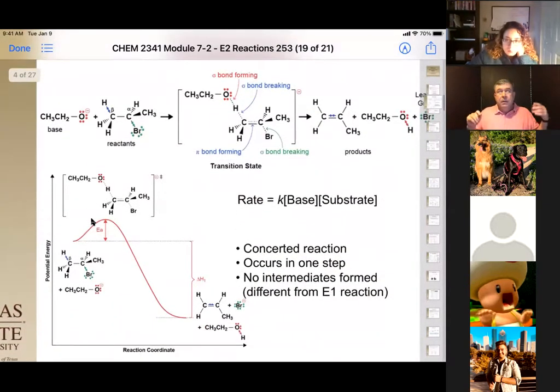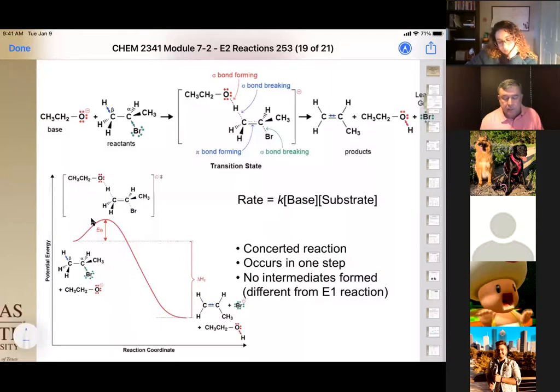Well, being a bimolecular reaction, that means we have to have the base close to our substrate before we start. In fact, the base is going to be pulling on a beta hydrogen, and that beta hydrogen has to be opposite, or anti, to our bromine leaving group.